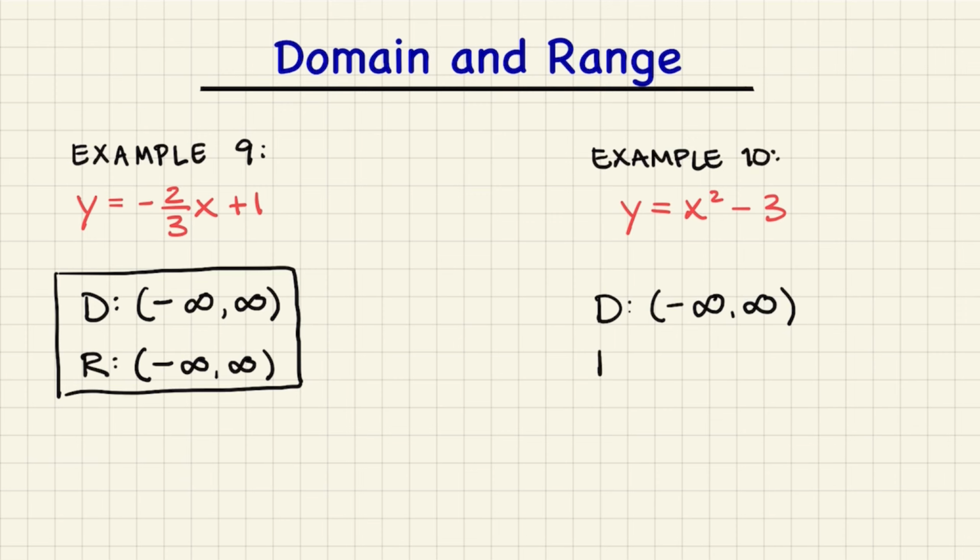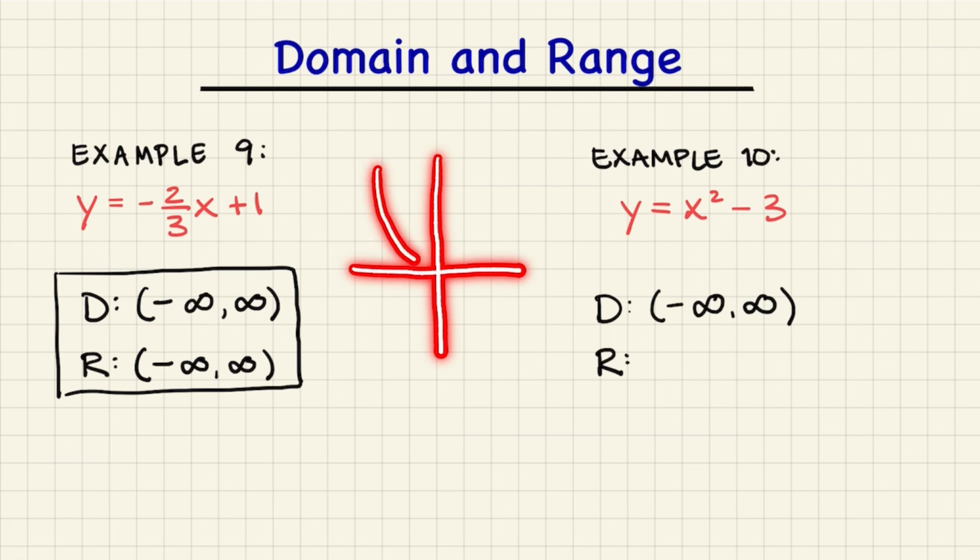Now let's look at the range. So thinking about a parabola and looking at this equation, we can think of this as a parabola right on the x-axis pointing upwards, shifted down 3 units. 1, 2, 3.